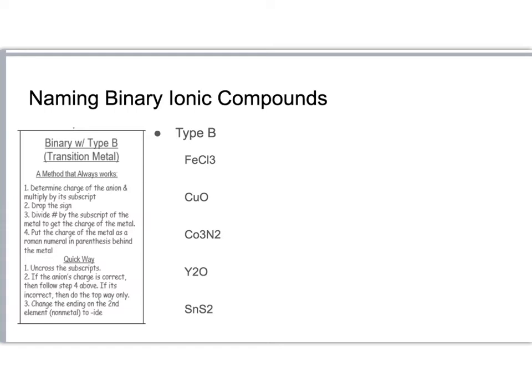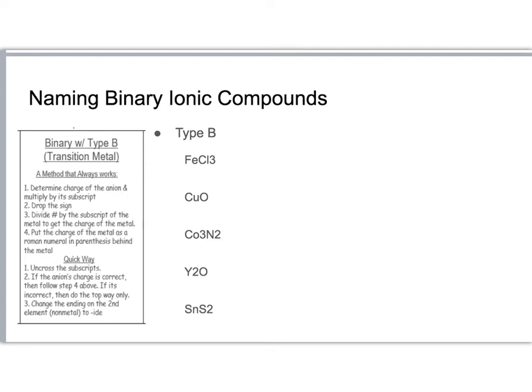In addition, lead and tin, which are in column 4A, will also be classified as type B metals. Because these metals can have more than one charge, it will be very important for us to put the charge as a Roman numeral in the name behind the metal name.